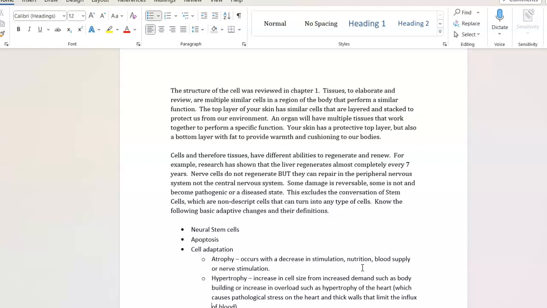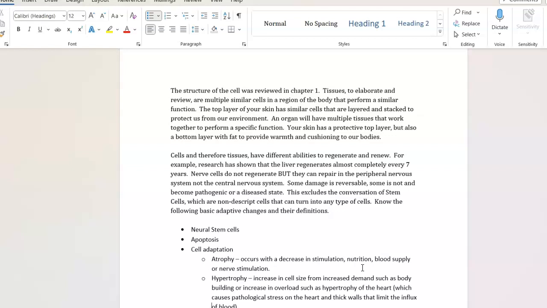Okay. Now, this kind of all excludes stem cells, and stem cells are these nondescript cells that can turn into any type of cells. They used to harvest these from fetuses, but we are finding now that we can find stem cells in the body.